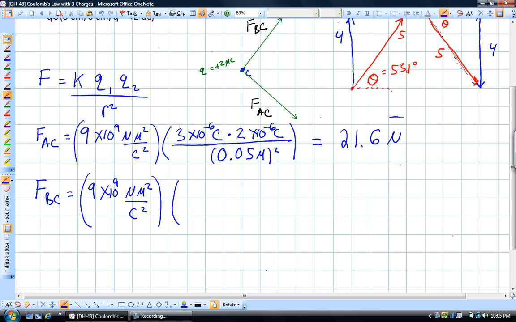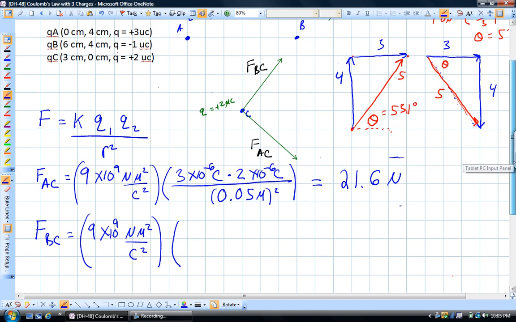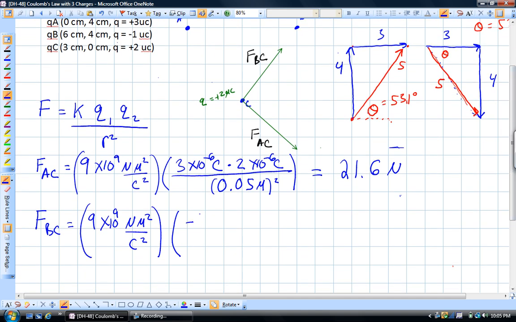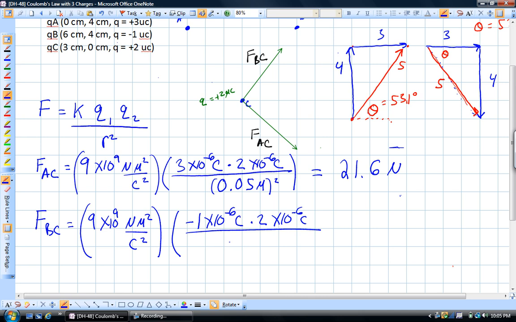That's the K. The charges are going to be just a little bit different in that we're looking between B, which has a charge of minus 1 times 10 to the negative 6 coulombs, times, again, charge C is going to be 2 times 10 to the negative 6 coulombs, over, happens to be the same distance, isn't always that way, but in this problem it is, 0.05 meters squared is going to equal.